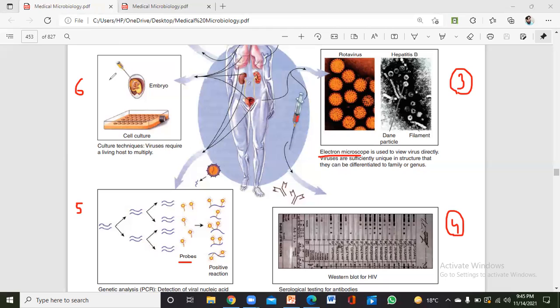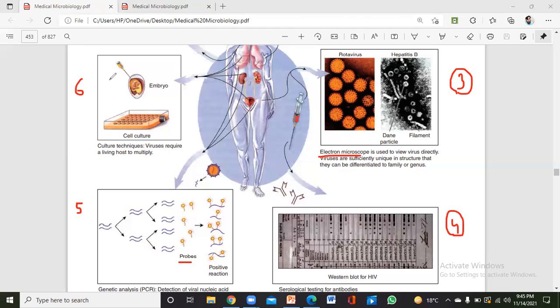This is done in rare cases, because a virus needs a cell in order to replicate. So we should take a cell line, or we can inoculate it inside the embryo present inside an egg.